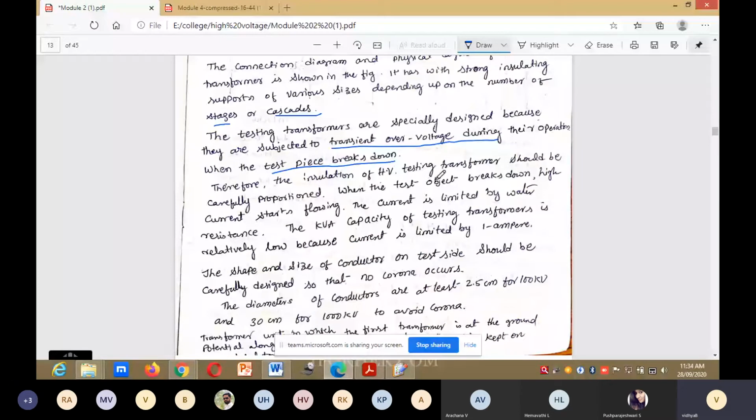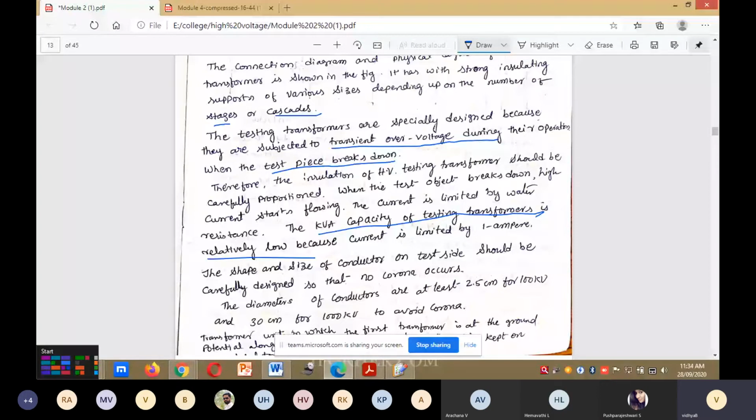When the test object breaks down, high current starts flowing. The current is limited by water resistance. The kVA capacity of the testing transformer is relatively low because the current is limited to 1 amp.